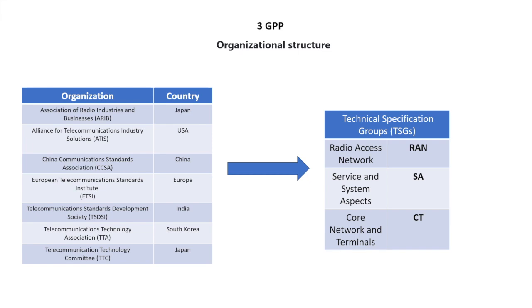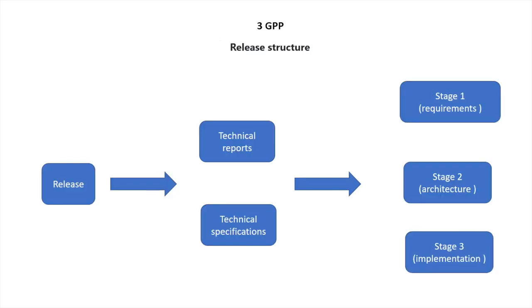There are 3 technical specification groups, each of which consists of multiple working groups: Radio Access Network, RAN, Service and System Aspects, SA, and Core Network and Terminals, CT. 3GPP standards are structured as releases. 3GPP follows a 3-stage methodology.